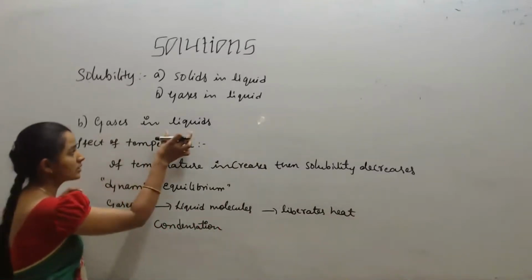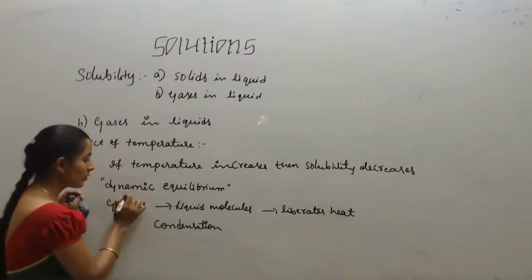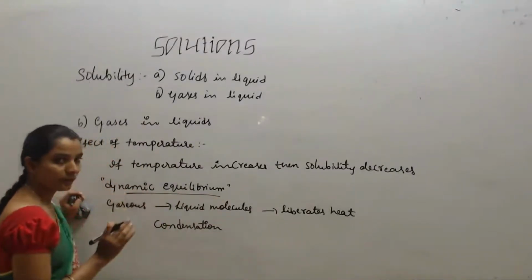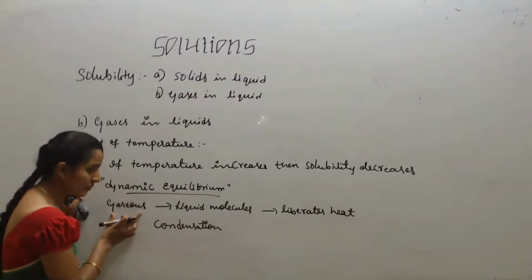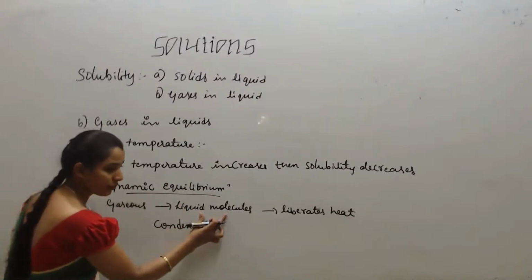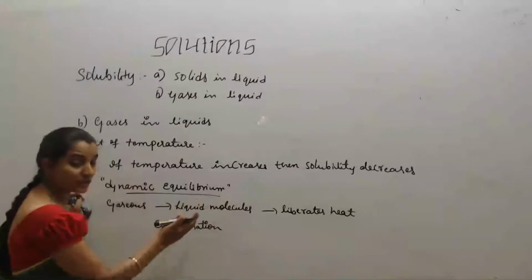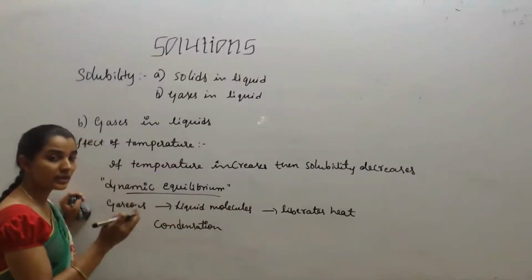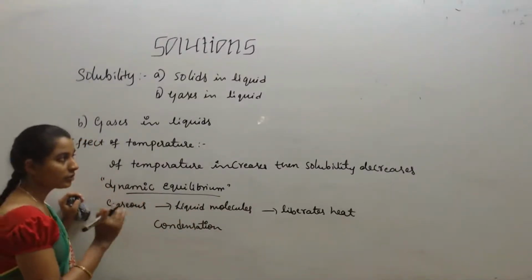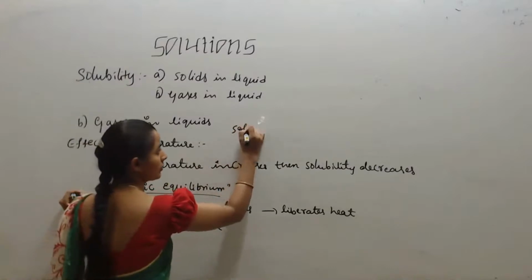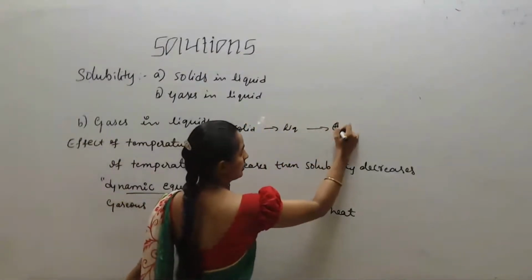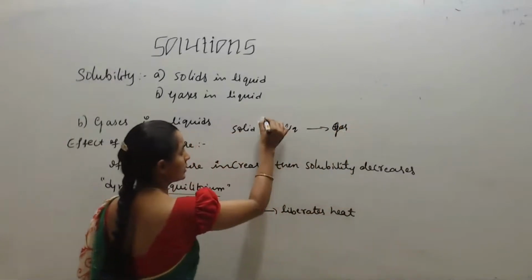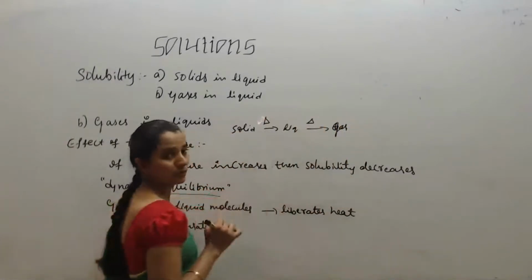So gaseous and liquid states attain dynamic equilibrium, meaning the gases dissolve in liquid. These gaseous molecules change to liquid molecules. So gaseous state to liquid state, that is condensation. I told you, solid to liquid, liquid to gas, heat is applied.